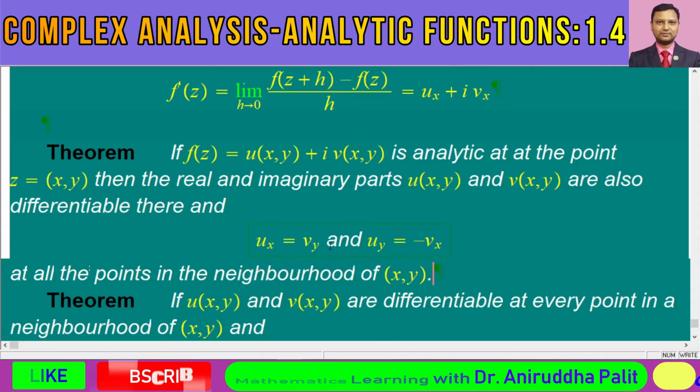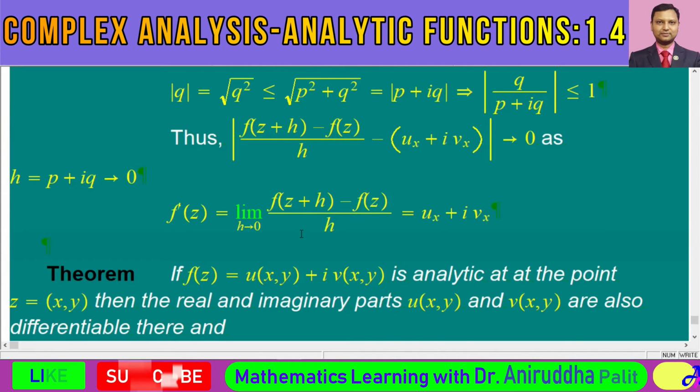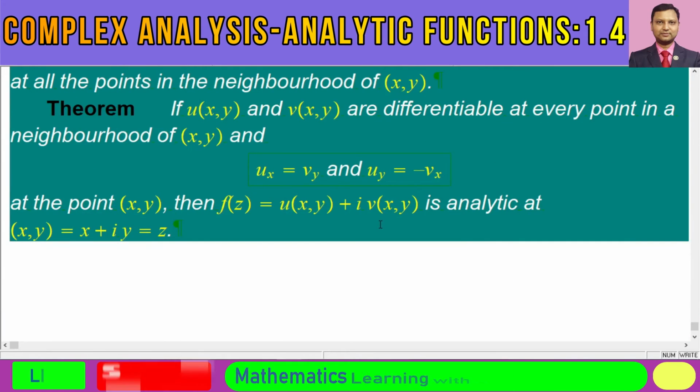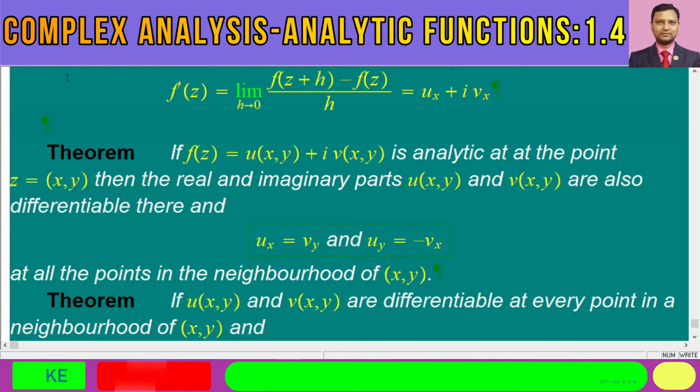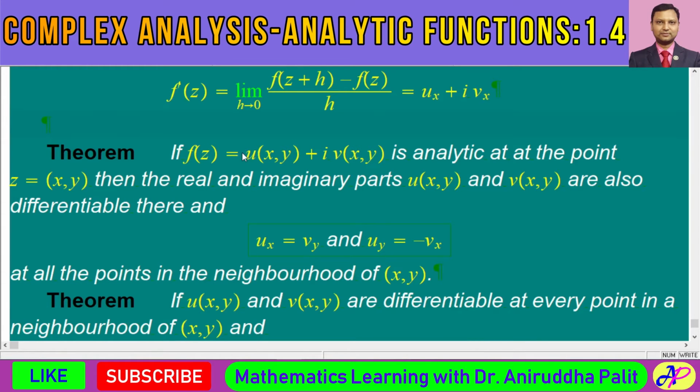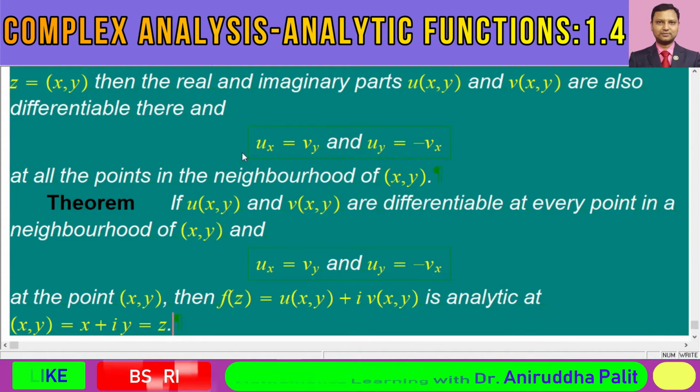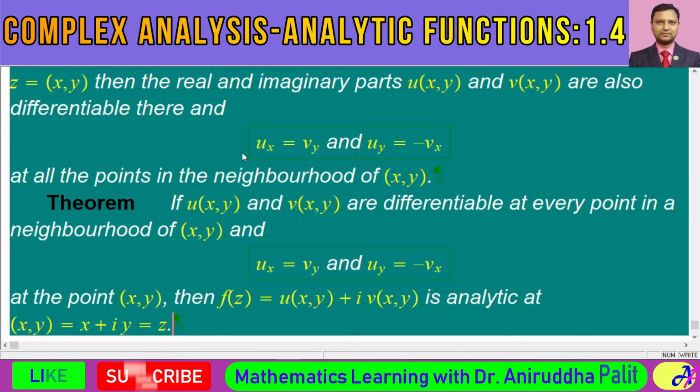You can modify these two theorems in this fashion. Remaining computational steps would be exactly same. No change is there. Just a little change is to be introduced in this necessary and sufficient condition for analyticity. Okay. So this much I wanted to tell you about the analyticity.